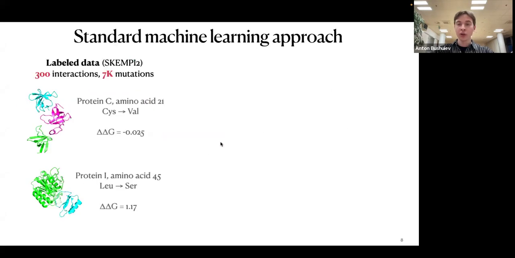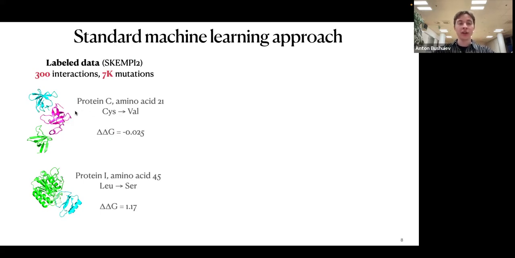And what is very good for us is that there exist data sets which have exactly the data we want. They contain protein-protein interactions, let's say 3 proteins interacting together.